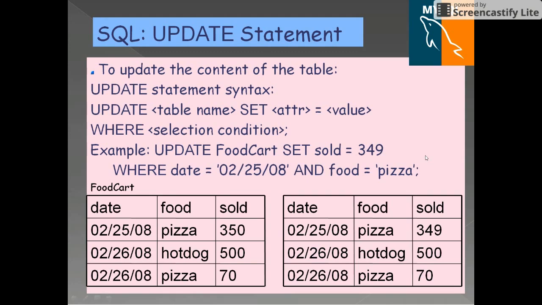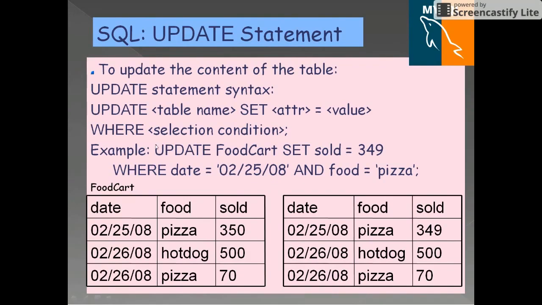How can we do so? Using the update statement. So this is an example. Just type update and then, separated by space, the name of the table, here food cart, type set sold equals to 349. Sold is the name of the column which we want to modify.